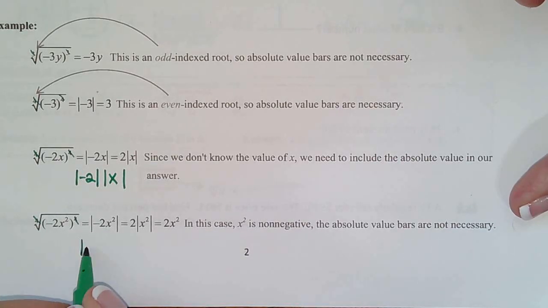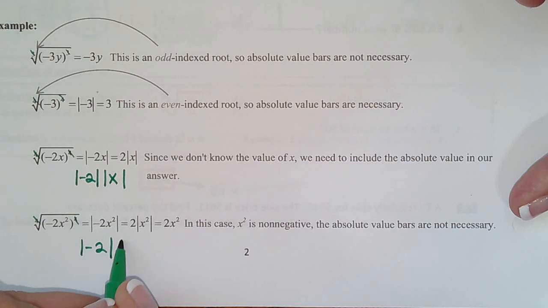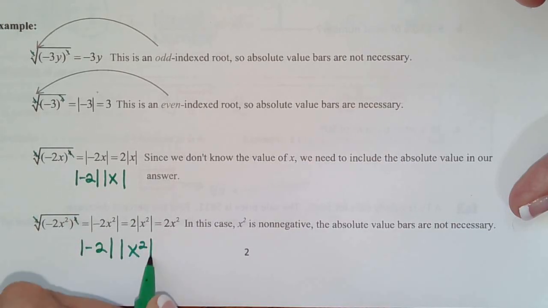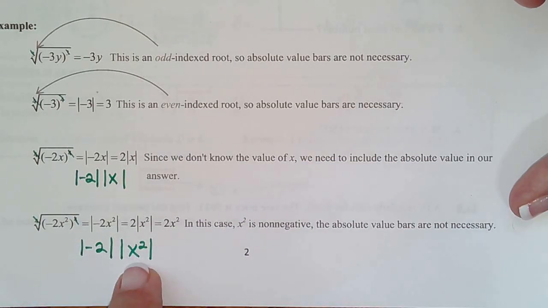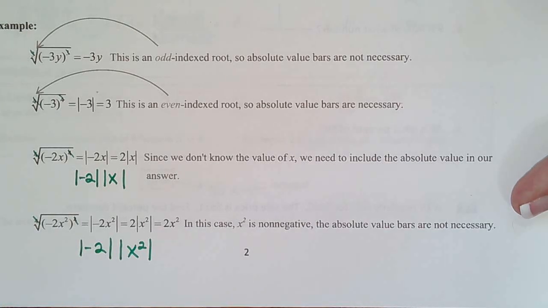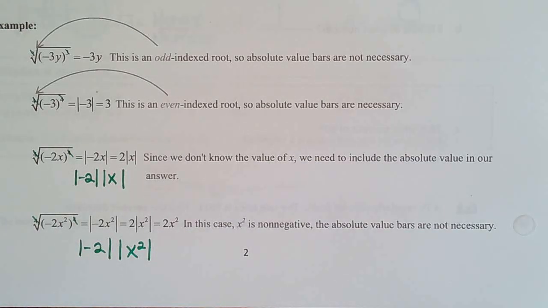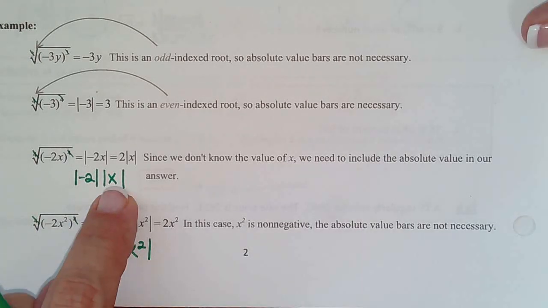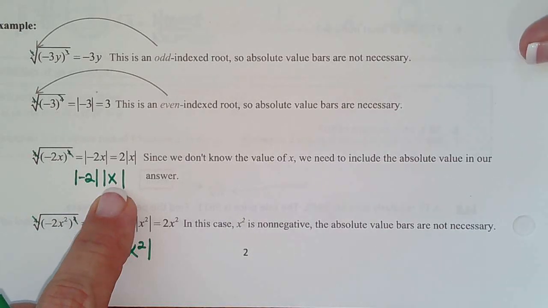So remember what I said, think of it like this. So the absolute value of negative 2 is 2. But isn't x squared already positive? Anytime you square a number, it's always positive. So it can come out too. So this is why it's so tricky for students, because every single scenario you need to think about. x to the first could be positive or negative.